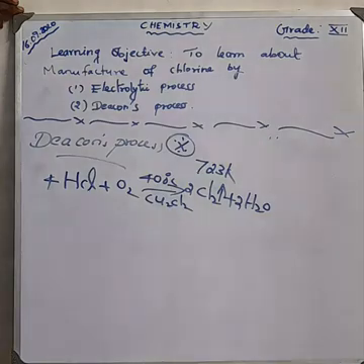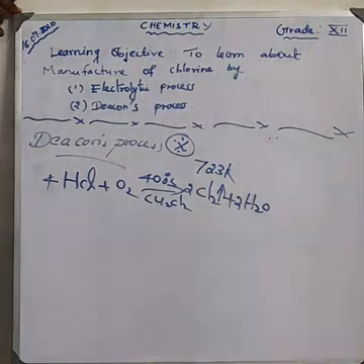Already I told you about the bleaching powder in the past video. The formula for bleaching powder is CaOCl2, calcium oxychloride. Here also we are taking Cu2OCl2, that is cuprous oxychloride.